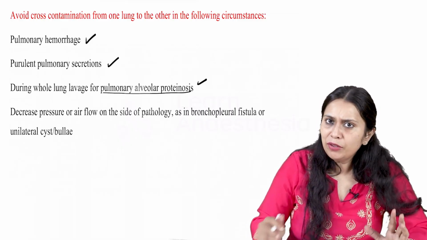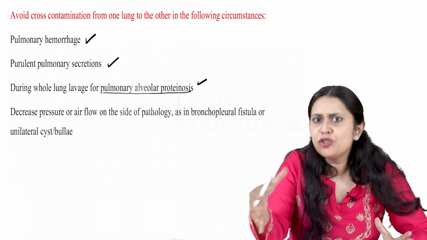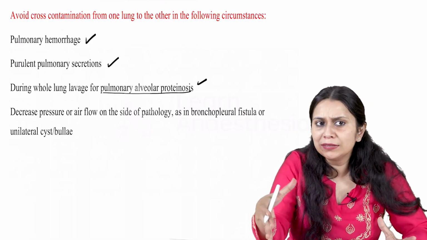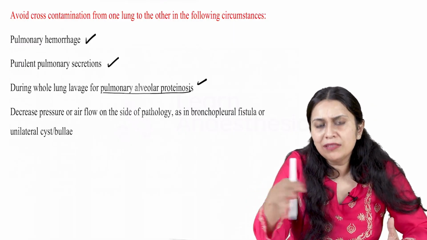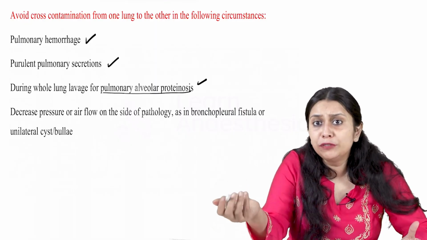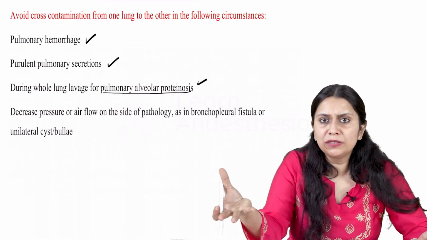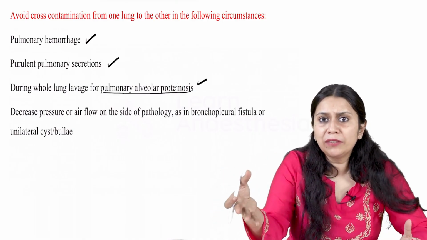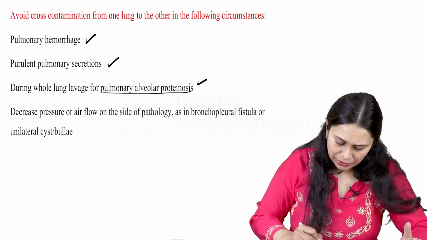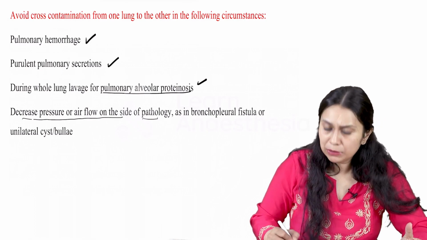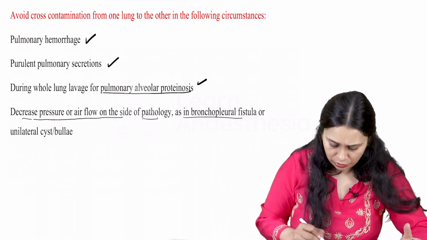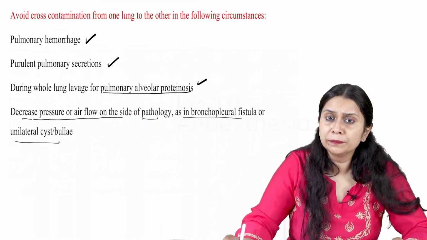Then when we want to differentially ventilate both the lungs, one side of the airway has a bronchopleural fistula and we do not want to give more pressure during ventilation of that lung, so we can practice one lung ventilation. So for decreasing pressure or airflow to the side of the pathology, as in bronchopleural fistula or unilateral cyst or bulla.